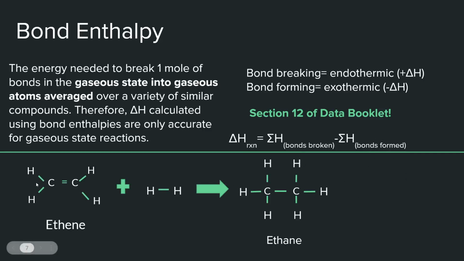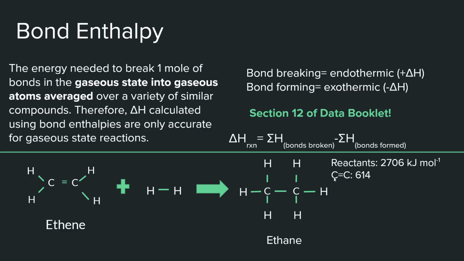So here we can see we have ethene, which reacts with hydrogen gas to produce ethane. So our reactants have a total of 2,706 kilojoules per mole if you count up all the bond enthalpies in the data booklet. So you'd say, oh, there's a double bond here. You go to the carbon-carbon double bond, and they give you a kilojoules per mole value. And then same with carbon and hydrogen.